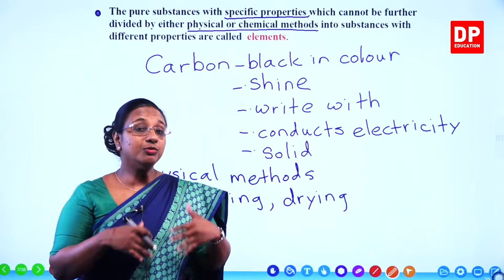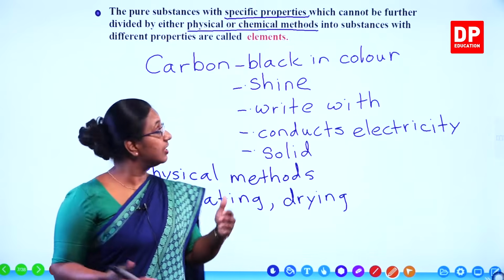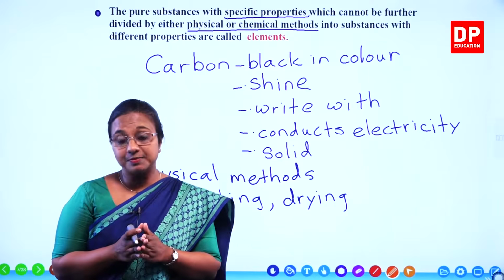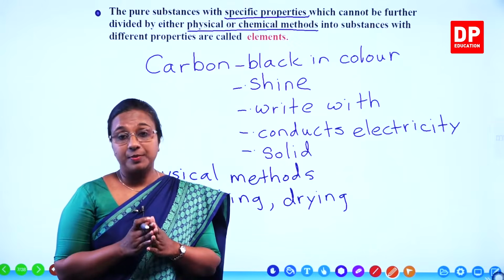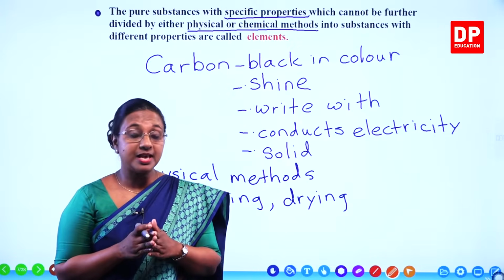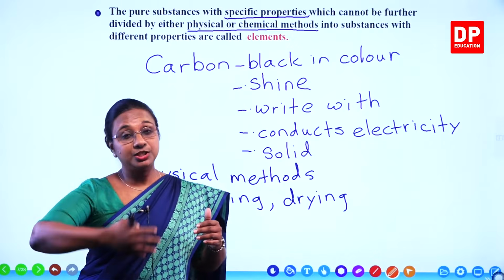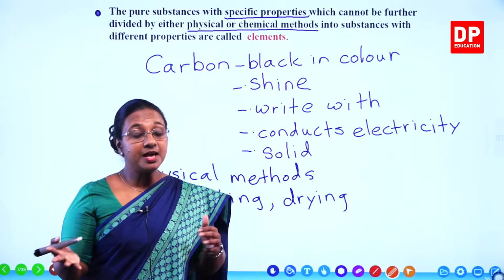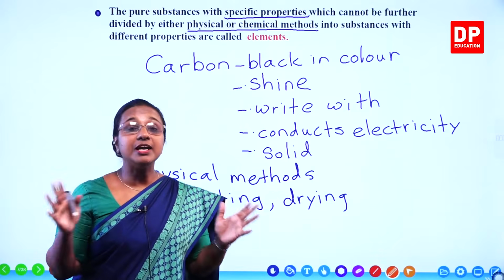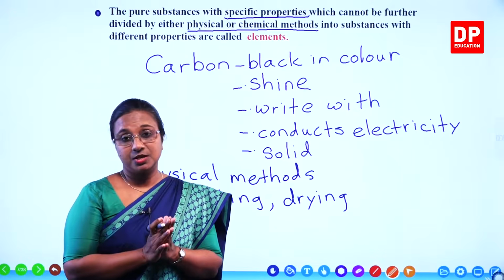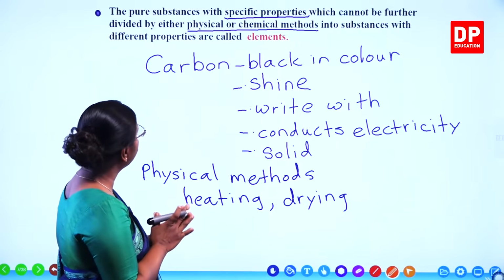You are trying to maybe melt it and convert it into other substances with specific properties. That will not happen. Now carbon might get converted to another chemical substance, but it will not get divided into substances. So that is what you need to understand.